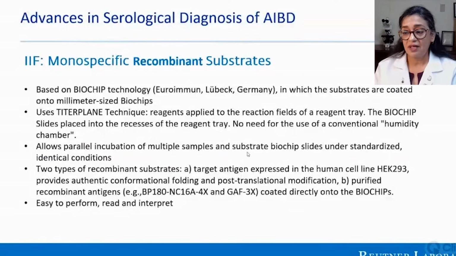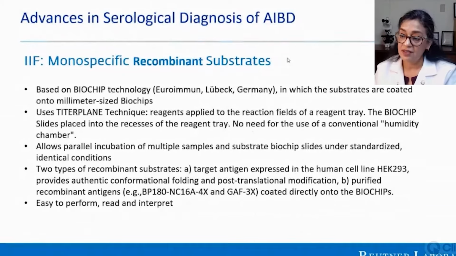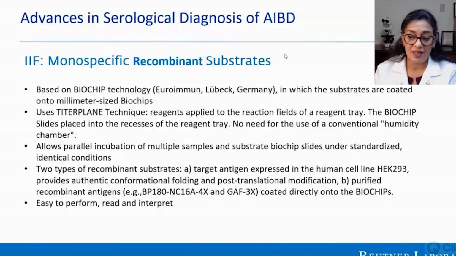So what are some of the advances made in serological diagnosis of autoimmune bullous diseases? Newer technologies have been developed to improve the diagnostic efficiency and accuracy. These include IFA on monospecific recombinant substrates, and this is based on biochip technology from Euroimmune. This test allows the testing of multiple samples and substrate biochip slides under standardized and identical conditions.